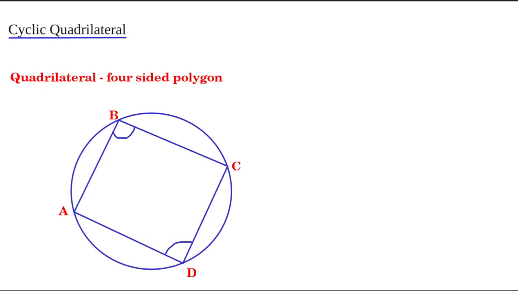The relationship between these two angles. Same applies to these two angles. We just want to establish the relationship between two angles of a cyclic quadrilateral. Now let's try to define the relationship.